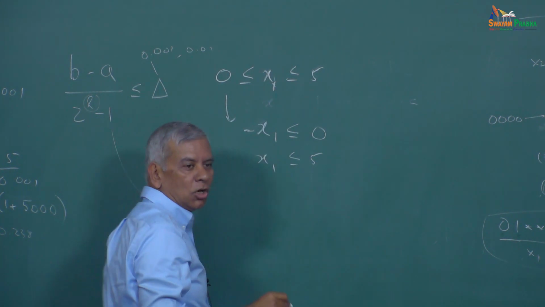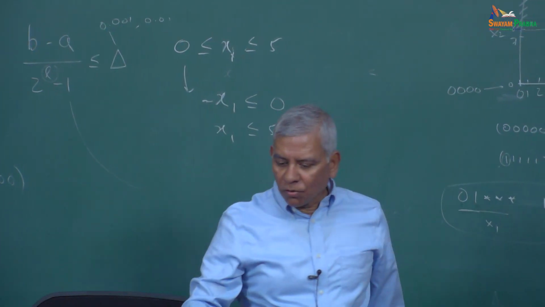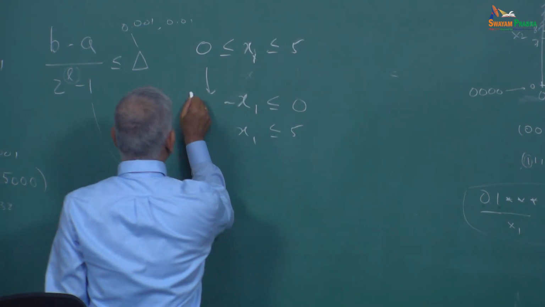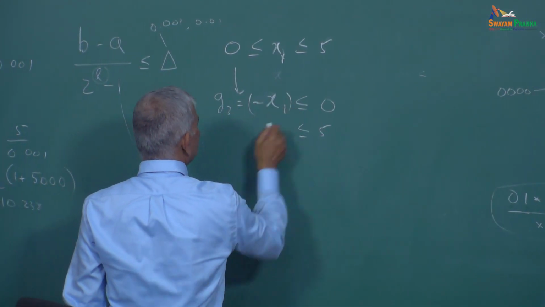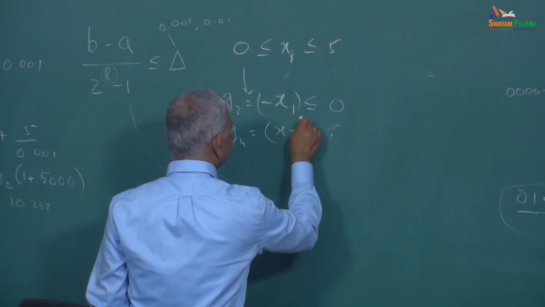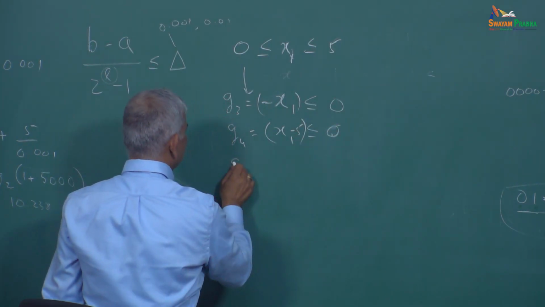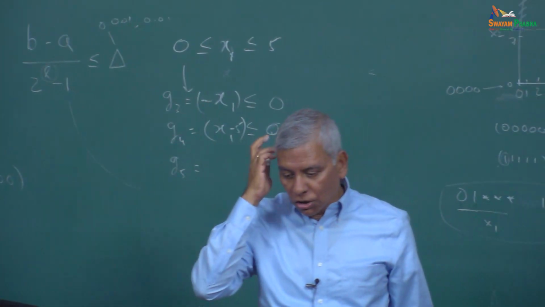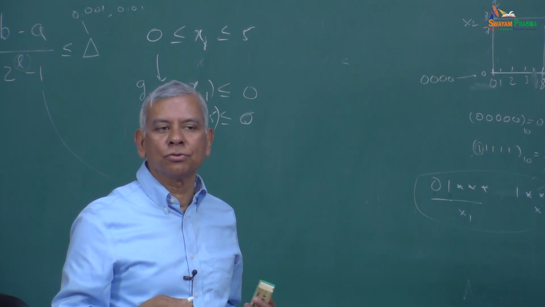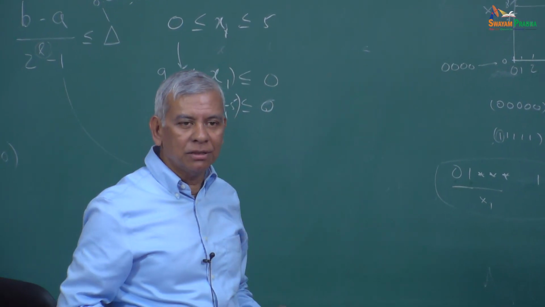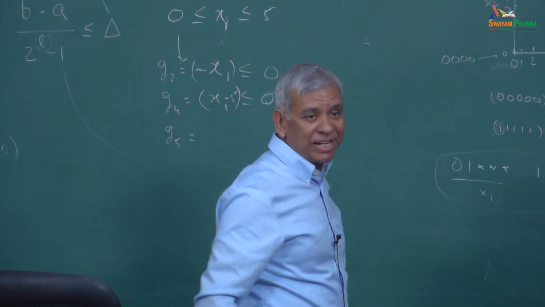You see, this can be converted into 2 constraints. So I already have 2 constraints, G1, G2. You can call this G3, only this part. You can call it G4 minus 5 and then G5, the other constraint for x2. You can also convert the variable bounds for x2 into 2 constraints. This is not the exact constraints I have there, but you can do that. So there will be 6 constraints total.